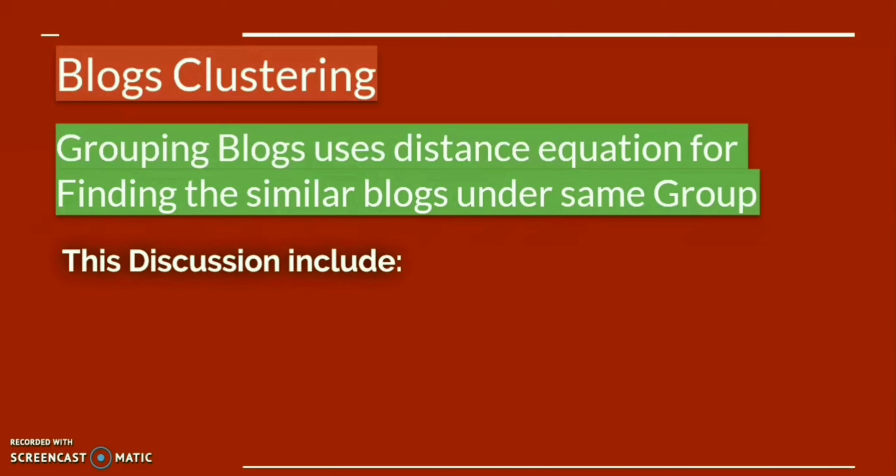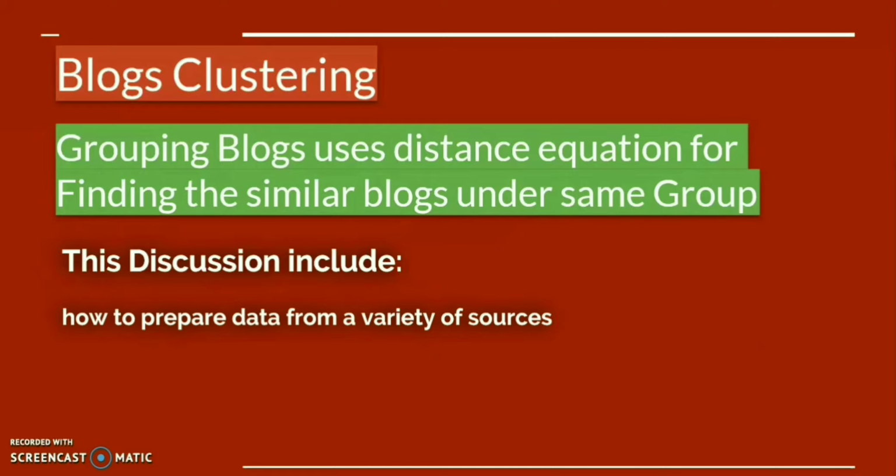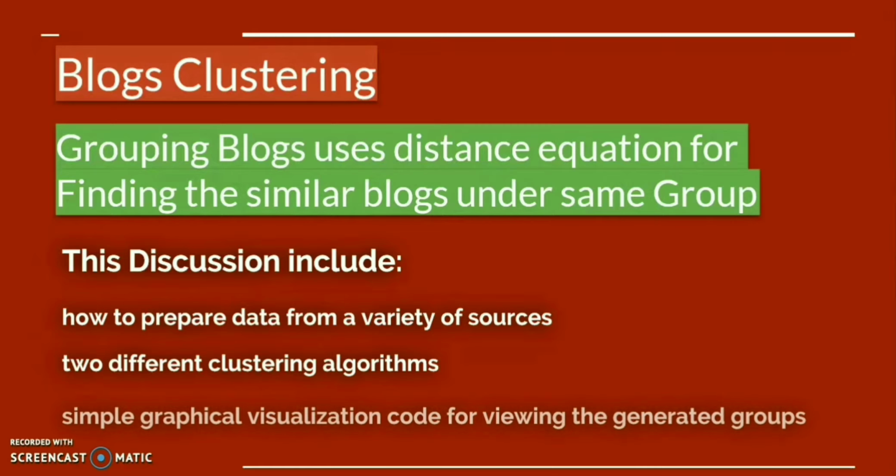We need to parse the data, and I will show you how to parse it from different links, what the important entities are where important information lies, and how you can extract it for your own purpose. Next we will apply two algorithms, hierarchical clustering and k-means, and I will mention which one is better in the given scenario. Then comes graphical visualization code, where I will show you hierarchical clustering by graphically building a dendrogram.